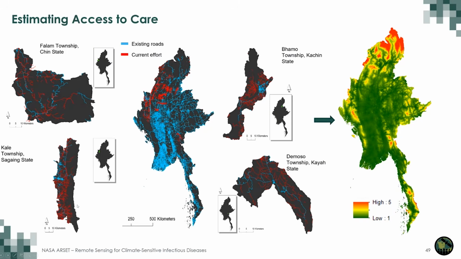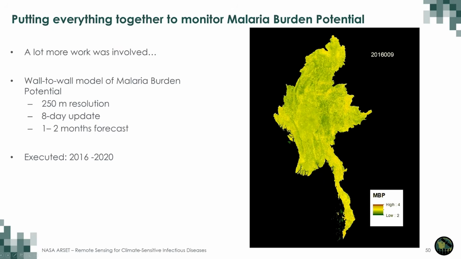And the majority of the network was digitized by us. It took us hundreds of hours to do that, but it was key to estimate access to care and create the surface again that goes from low cost to very high cost of access to care and correspondingly low risk to high risk in this sense.